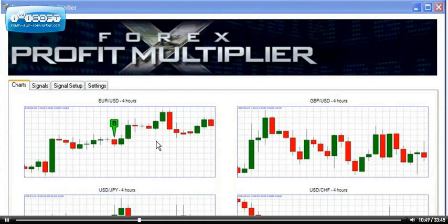You leave it on all the time on your computer. And every 4 hours, when one of these bars closes, the software is going to evaluate each of these markets for a potential setup for one of the three methods. If a setup does occur, you will be alerted immediately. If not, then there's no need to take any action.